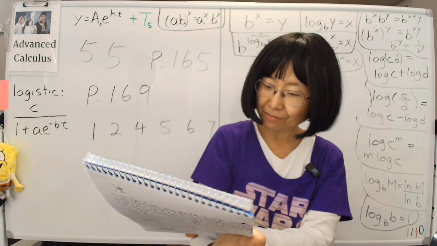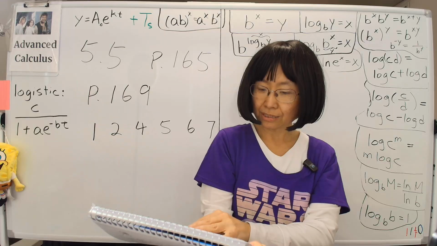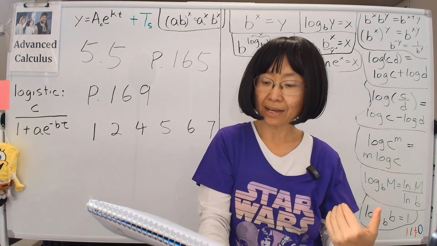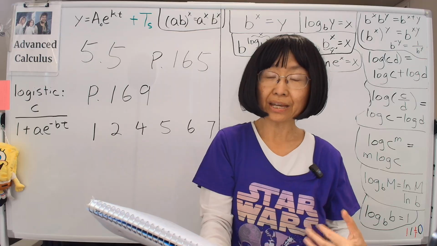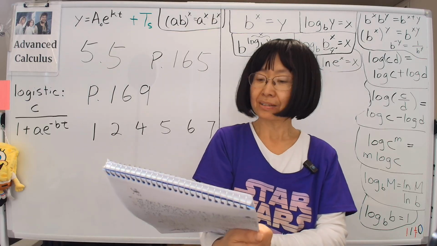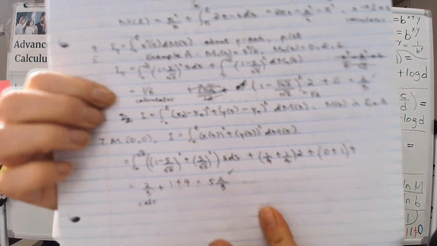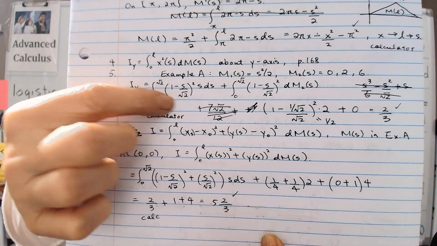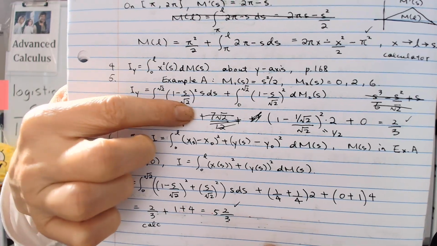So problem 5. We're redoing example A, but this time we're doing it about the y-axis. In the book, example A was done about the x-axis, I think. So we just plug stuff in, just like example A. About the y-axis, so this is the x value.